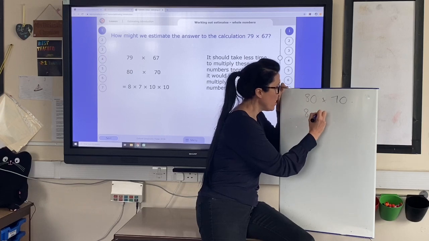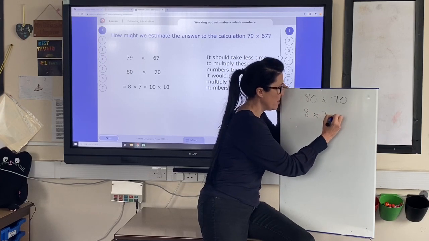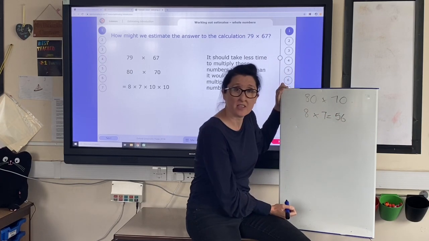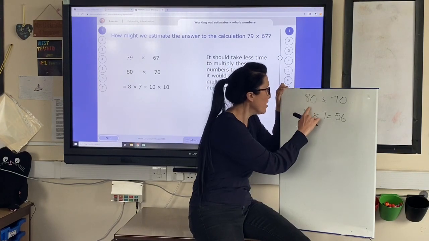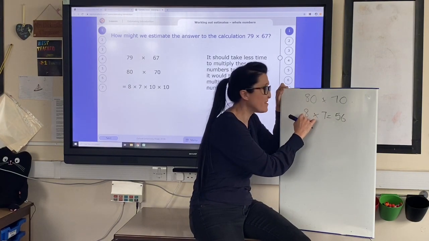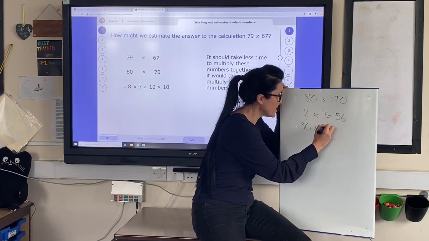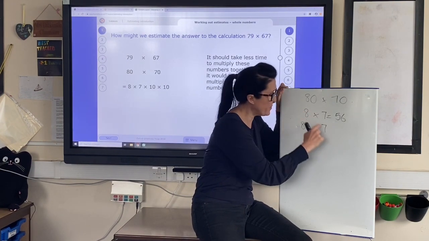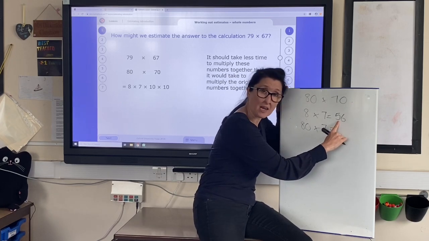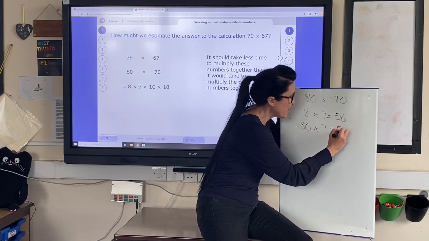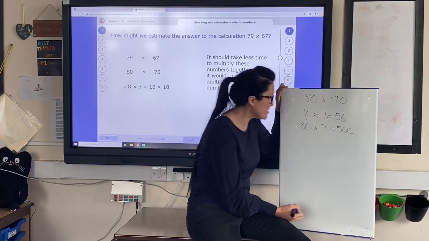So you know that 8 times 7 is 56, okay? Now 80 is 10 times bigger than 8. So if we do 80 times 7, because that's gone 10 times bigger, your answer is going to be 10 times bigger. So 56 times 10 is 560.